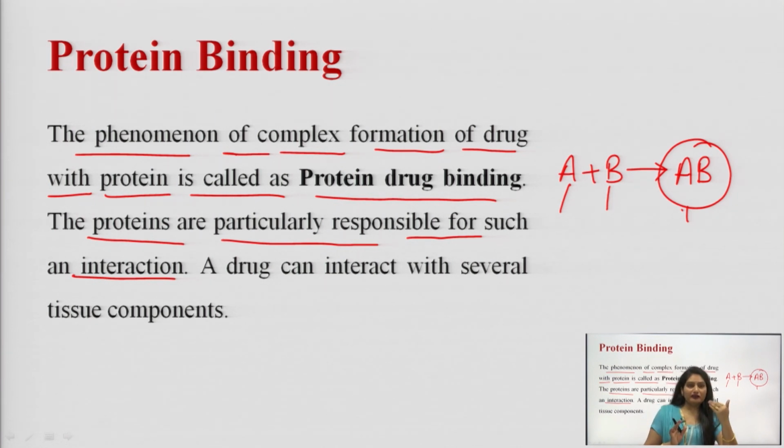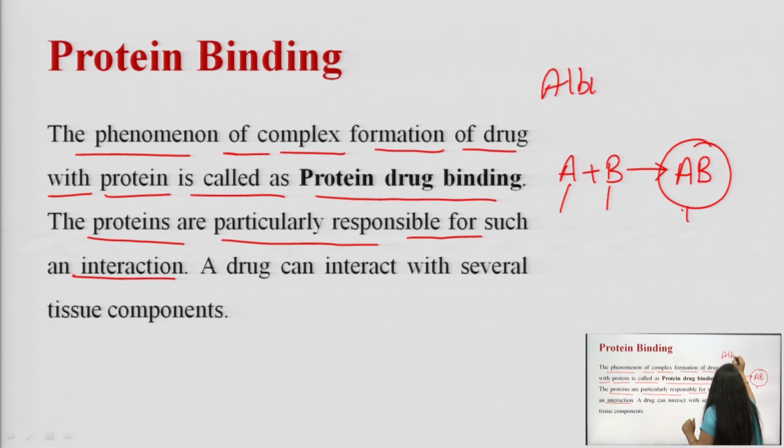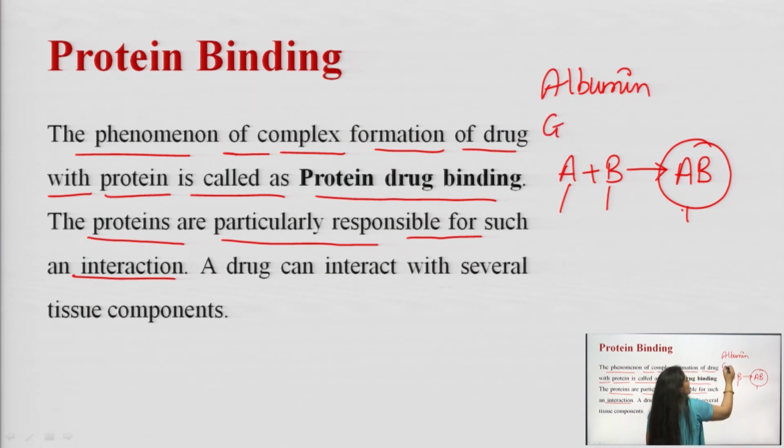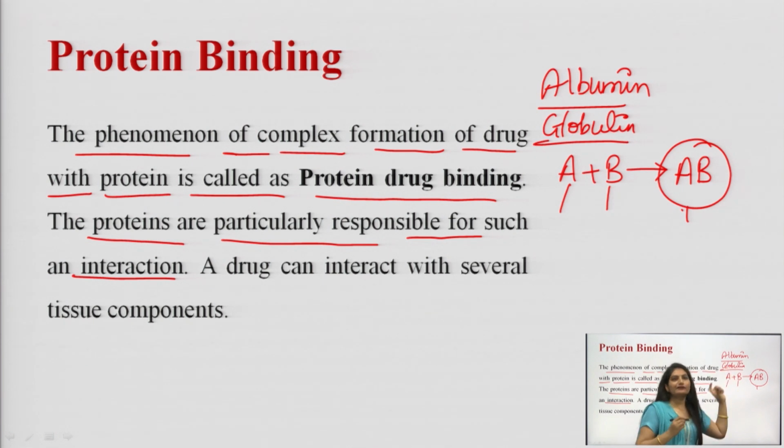See, there are different types of protein which can bind to our drug. Most of the time there are two types of protein. One is albumin and the second one is globulin. Basically, there are two types of protein that can bind to our drug.